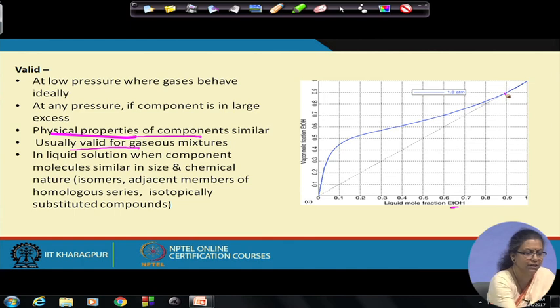For this particular case, I can write down Fi bar equal to Yi Fi, but let me remind you that this is done for a very low pressure. Now, for low pressures what happens? For low pressures we know that Fi is equal to the total pressure times the mole fraction of the component in the vapor phase, right.